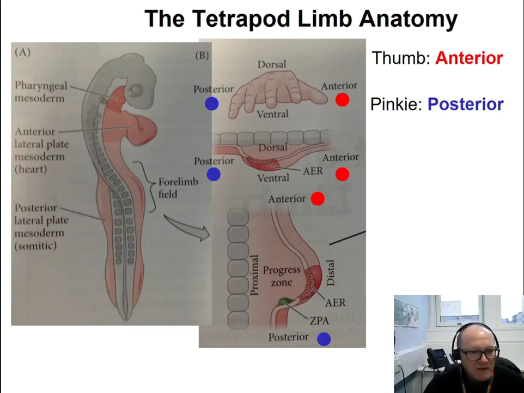And this anterior region is where the thumb will be produced, while the posterior region is where the pinky will be produced. And we will see that later on in the lesson.